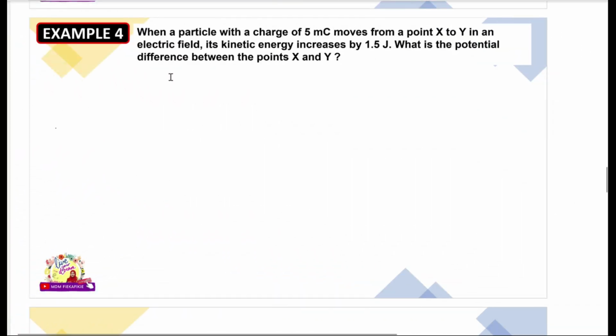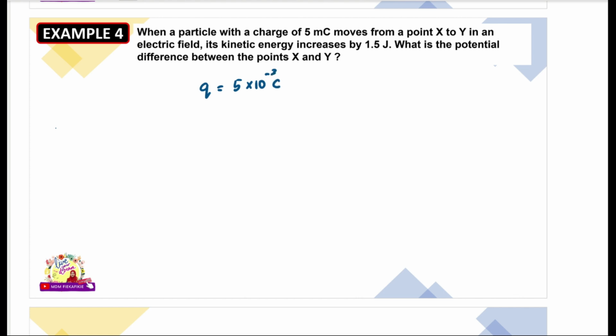Alright, example number 4. So here we have a particle with a charge of 5 millicoulomb move from point X to Y in an electric field. Its kinetic energy increases by 1.5 joule. Okay, so we have a test charge. So here we have Q is equal to 5 exponent negative 3 coulomb.